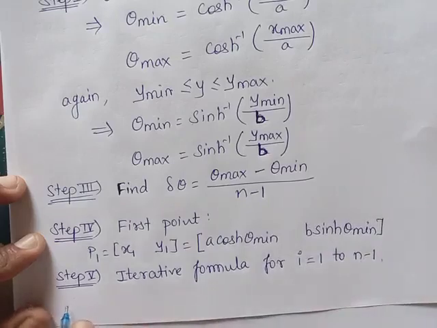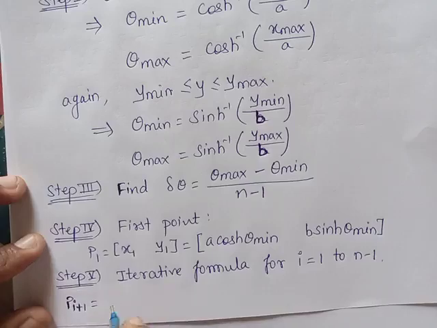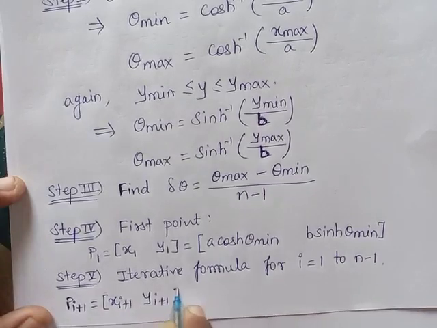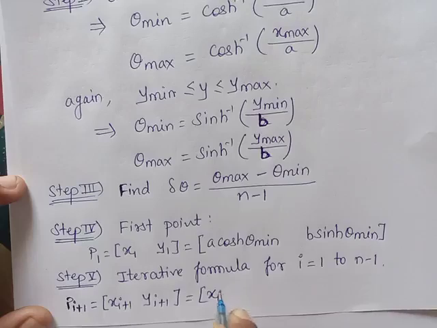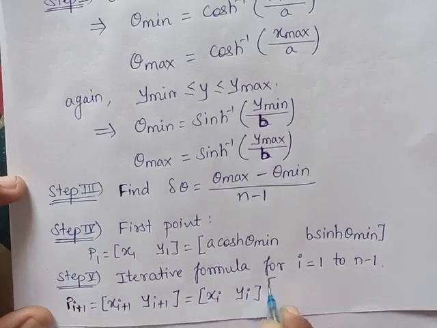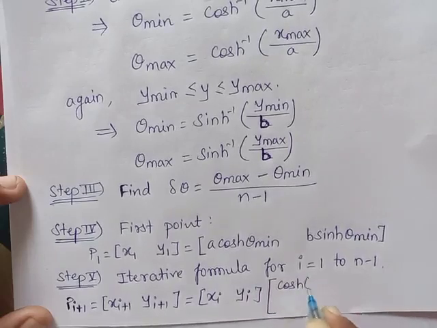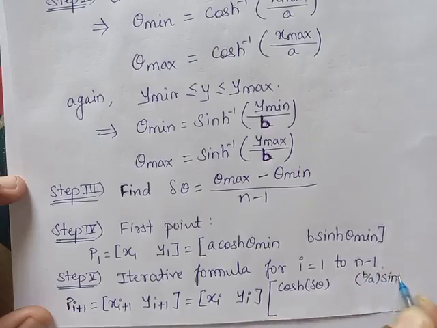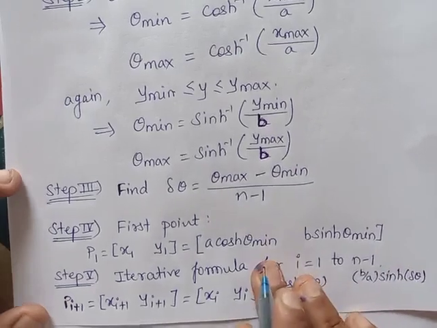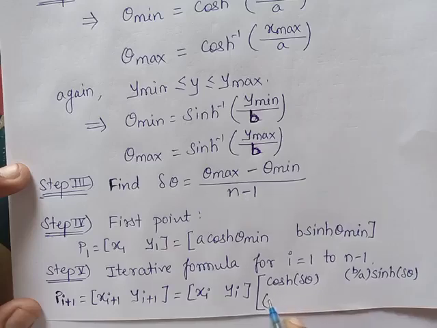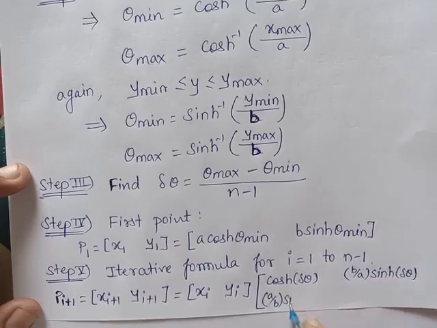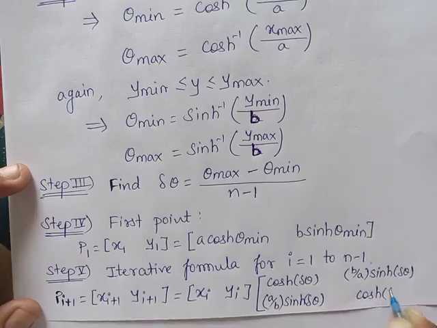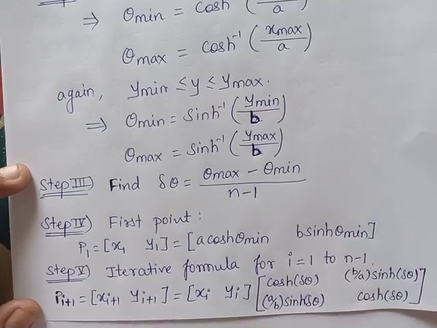We have Pi plus 1, that is xi plus 1, yi plus 1, which is xi, yi into the matrix: cos hyperbolic delta theta, b by a sine hyperbolic delta theta; again here a by b sine hyperbolic delta theta and cos hyperbolic delta theta. This is an iterative formula to us.